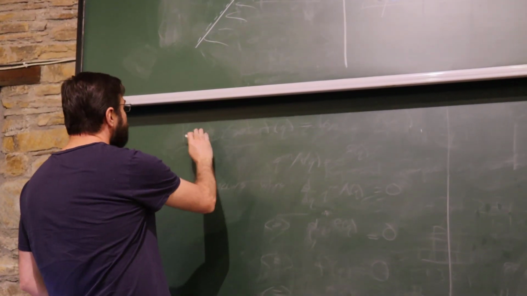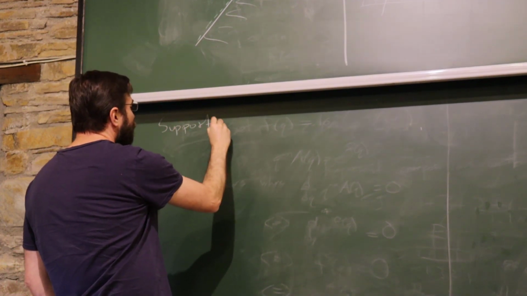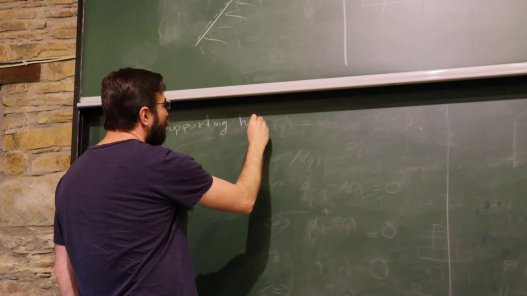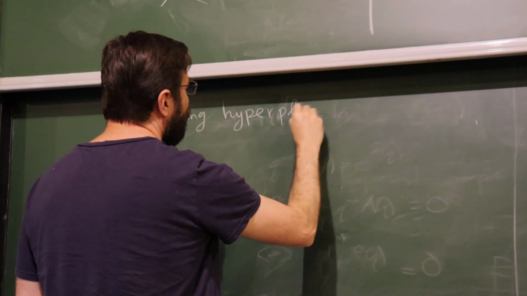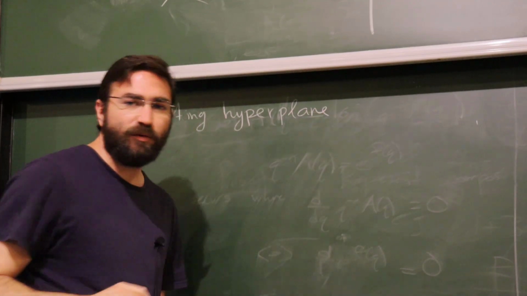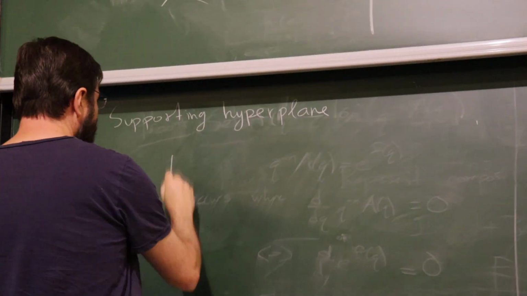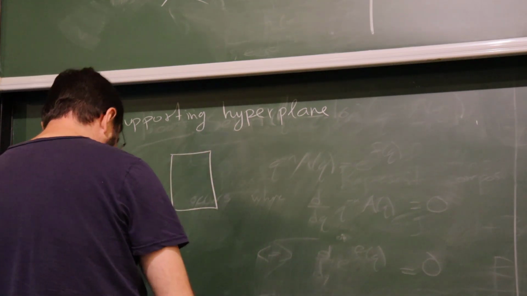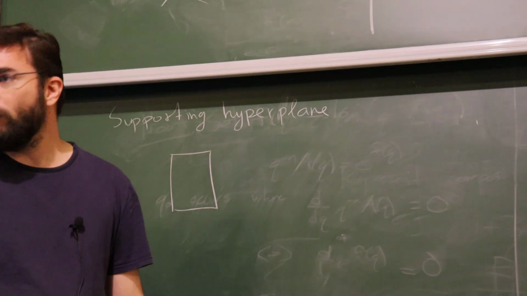Now, a supporting hyperplane, if I have a polytope or a polyhedron in general, is a hyperplane that touches but doesn't cut into my polytope.